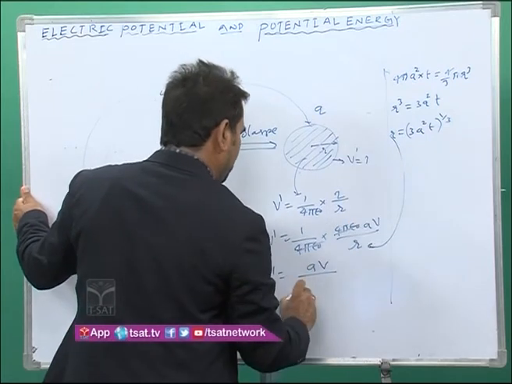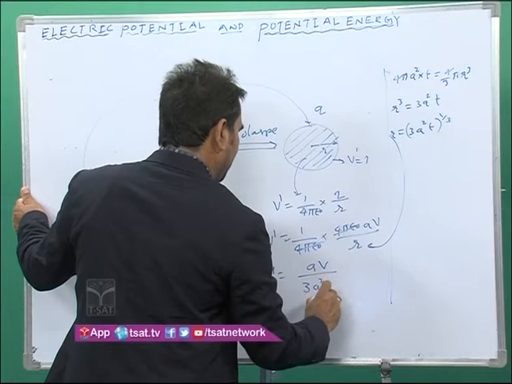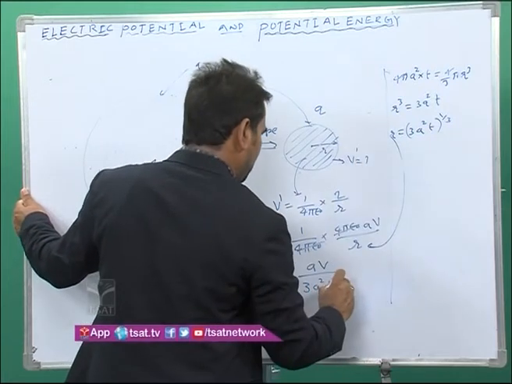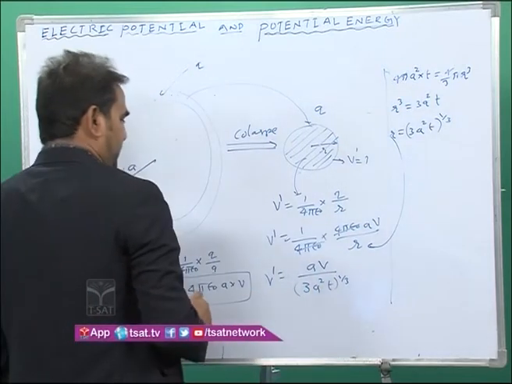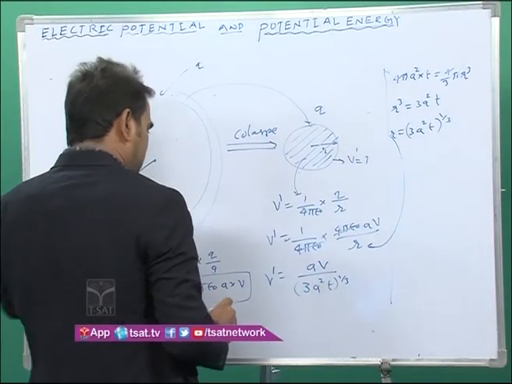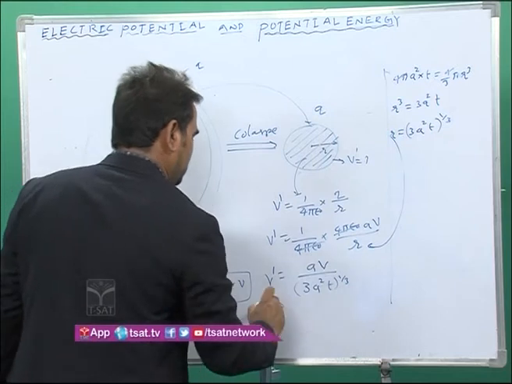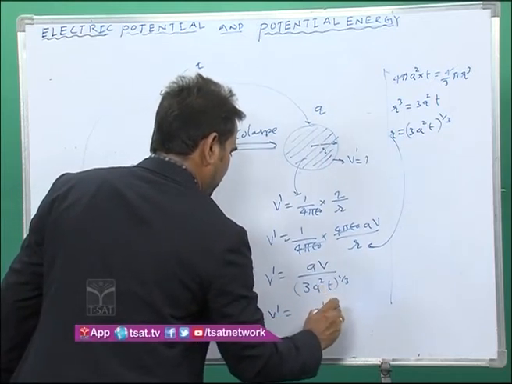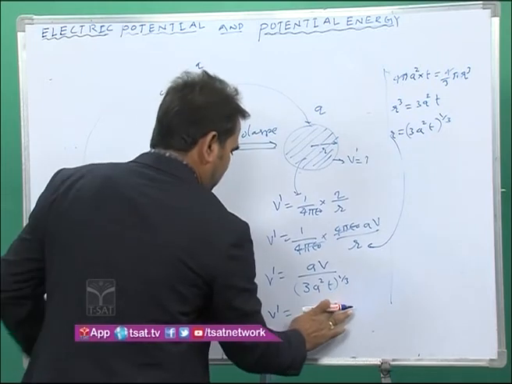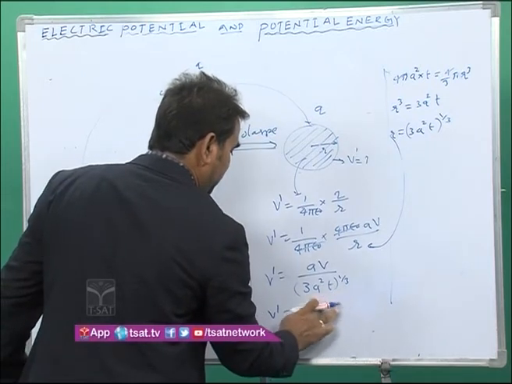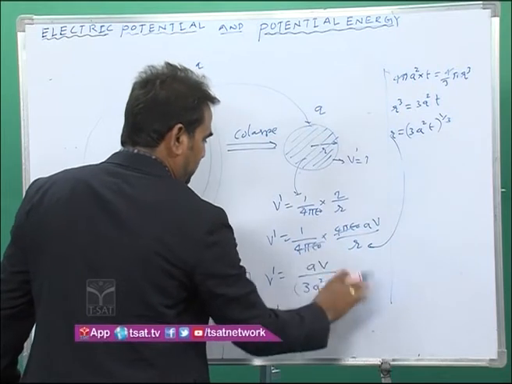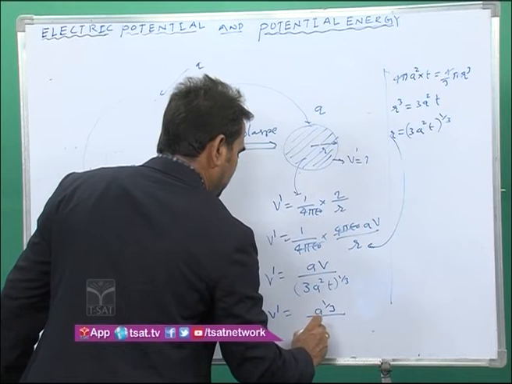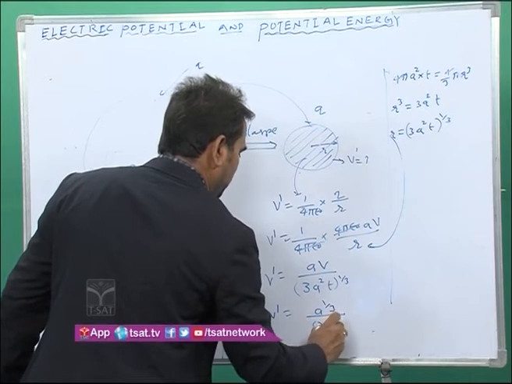The r value we already know, 3a square into t whole power of 1 by 3. So from this, V dash is equal to a power 1 into a power of 1, and bringing up this a square, it becomes 1 by 3, upon 3t whole power of 1 by 3.